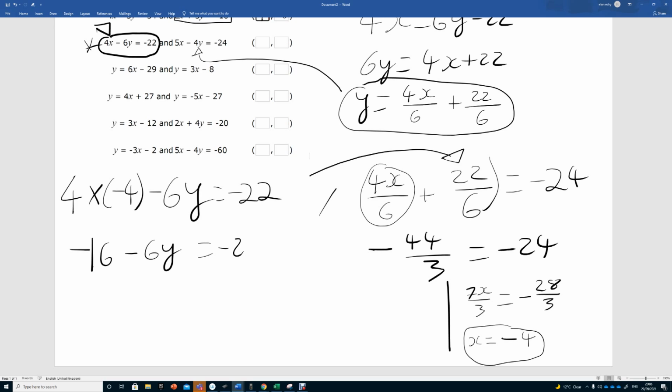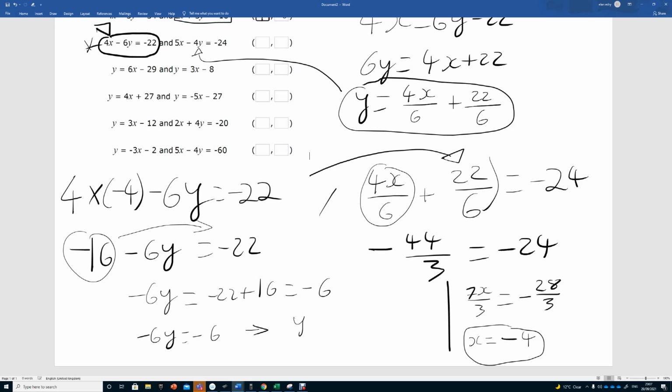And then I could add the 16 to both sides, take it over, it becomes a plus: minus 6y equals minus 22 add 16, which is minus 6. So minus 6y equals minus 6. I'm going to take the minus 6 down, it becomes a divide, so y equals minus 6 over minus 6, which is 1.